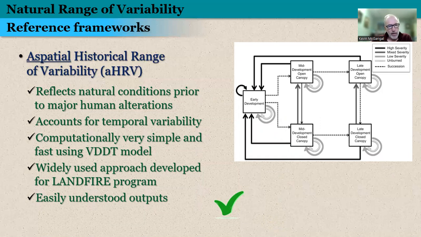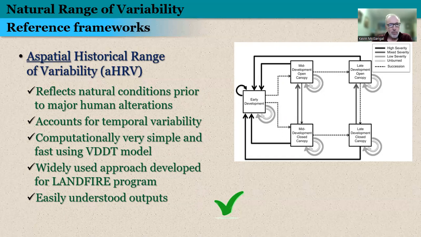First, it does reflect natural conditions prior to major human alterations, because the transition probabilities, the rates of disturbance, are presumably based on an understanding of the pre-settlement conditions.